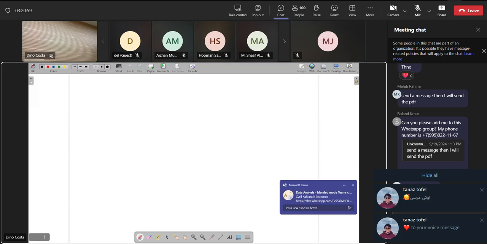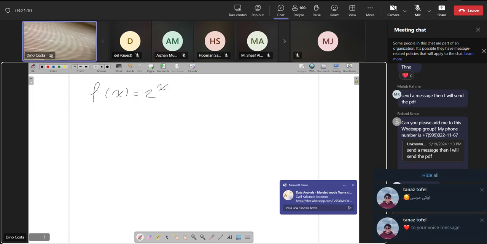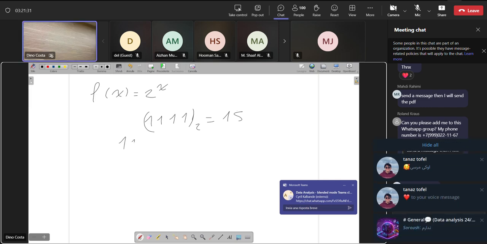So if we do the same in our computer, now the function with the shifting operator is 2 raised to x. For example, here we have 1, 1, 1. That in base 2, we observe, is, if we have 1, 1, 1, 1, 0, with another 1 again. What is this number?